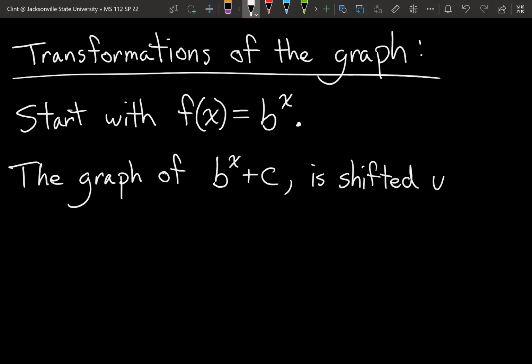So that's going to be shifted up. So it's plus. If it was minus, shifted down. So still, if we have a vertical shift, you just have plus or minus a number tacked on the end of the function.